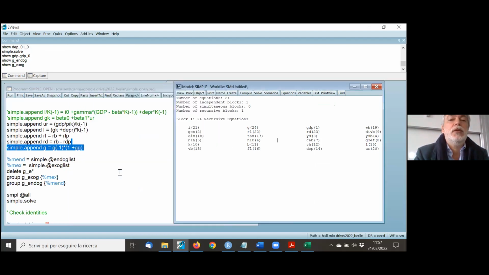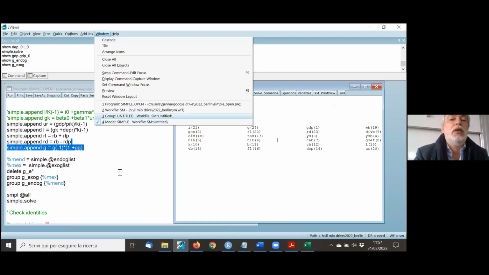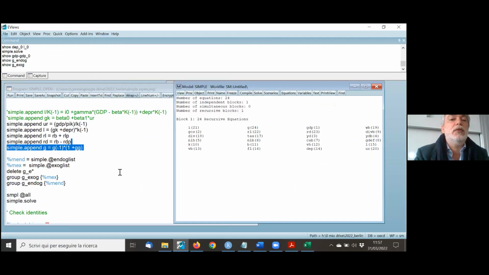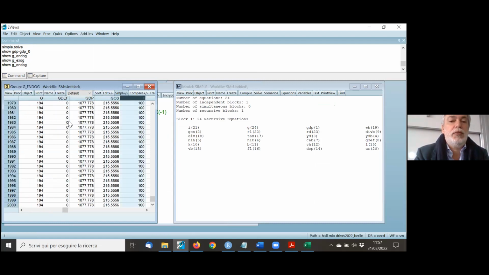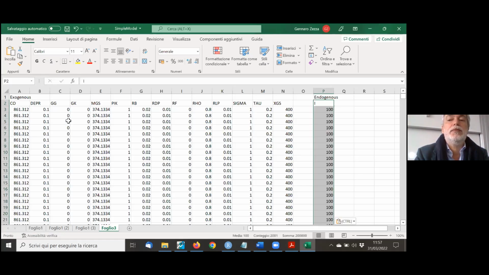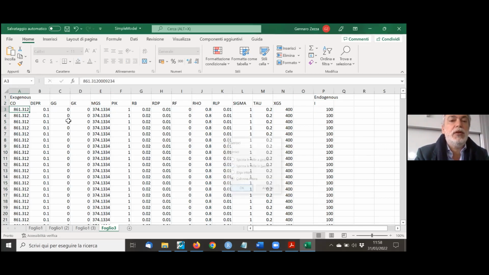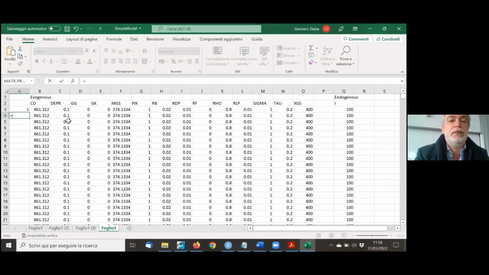So it's going to take a little while, but we want to look at the endogenous. And the first one will be I. And we want a column for the periods.